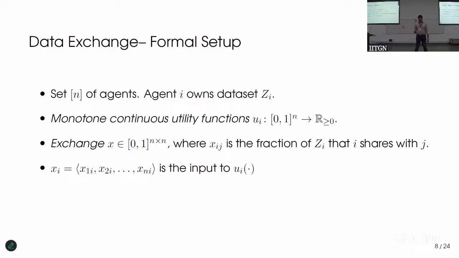It depends on the fraction of Gi. The utility functions are not homogeneous, but yes, the data I am assuming is homogeneous here.